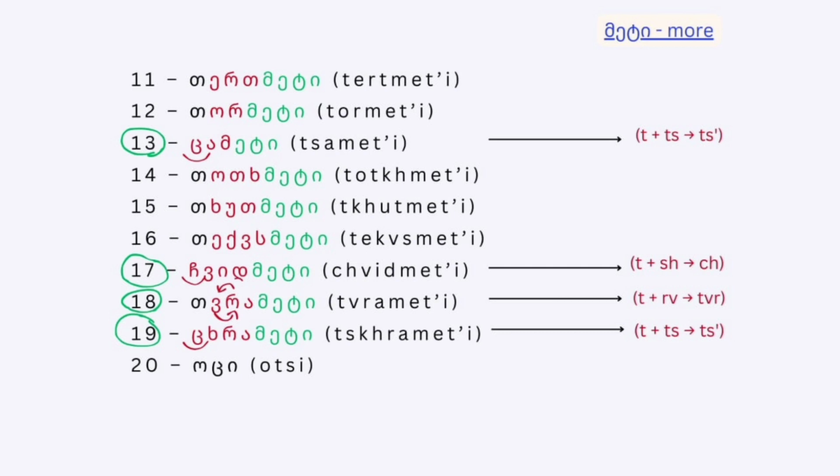11 is tertmeti. 12 is tormeti. 13 is tsameti. 14 is totmeti. 15 tchutmeti. 16 tekvsmeti. 17 chvidmeti. 18 tvrameti. 19 tsrameti.